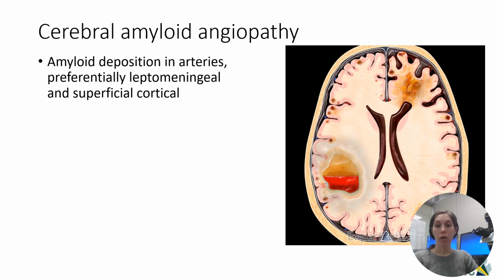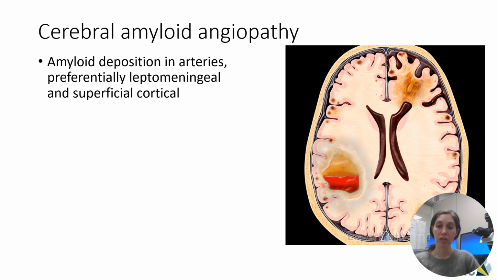So if you'll recall, Alzheimer's disease is characterized by these two different pathologies. One are the amyloid plaques, and then the other is the tau tangles. So in cerebral amyloid angiopathy, this usually occurs in addition to Alzheimer's disease, although it can also occur in isolation. And instead of the amyloid accumulating within the brain tissue, it actually accumulates within the walls of the vessels.